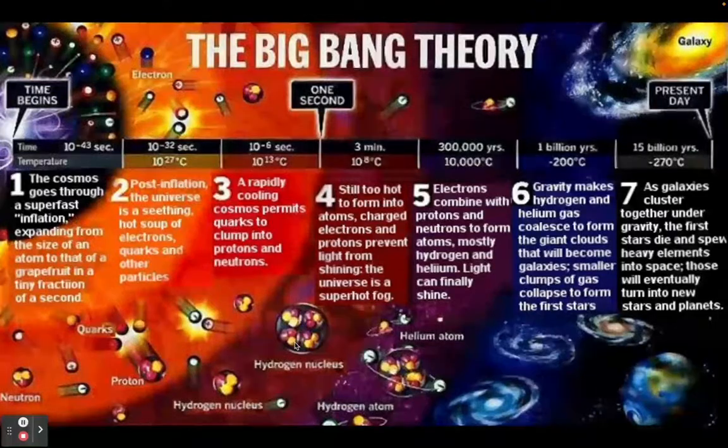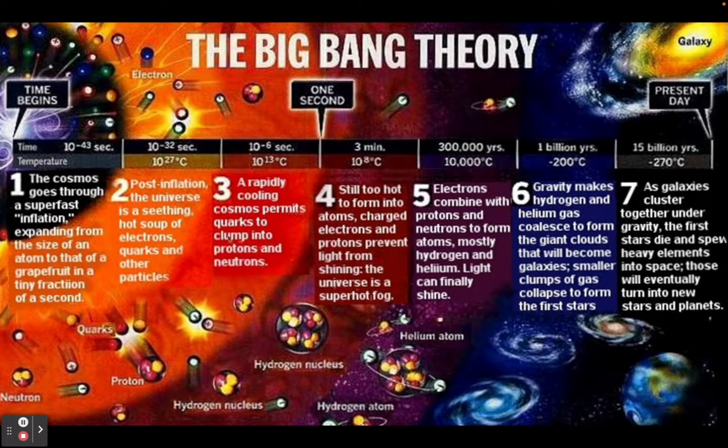If we go to this next picture here, we see 7 phases. In the first phase, at time 10 to the negative 43 seconds after the Big Bang, the cosmos goes through a super fast inflation, expanding from the size of an atom to the size of a grapefruit in just 10 to the negative 43 seconds.